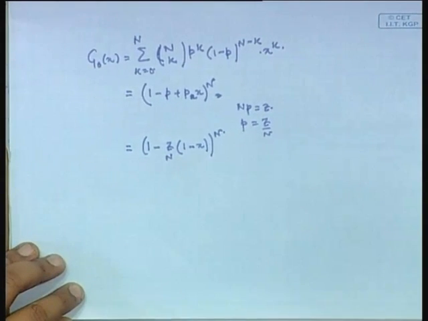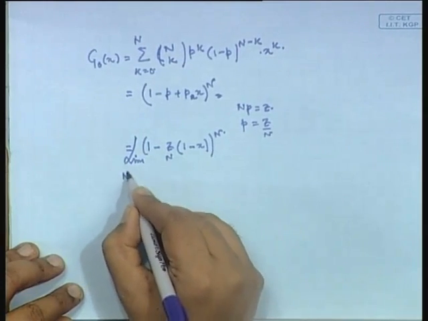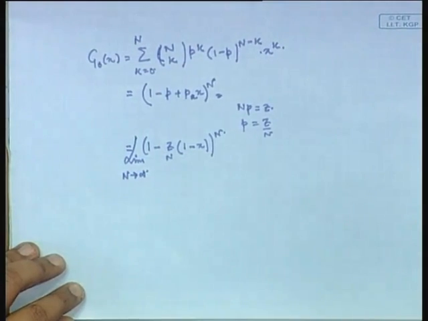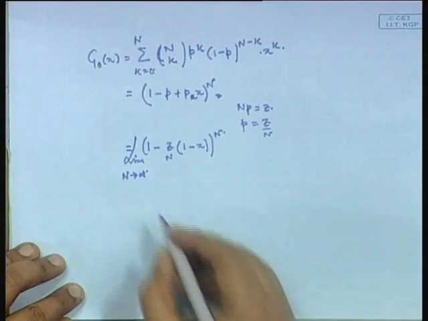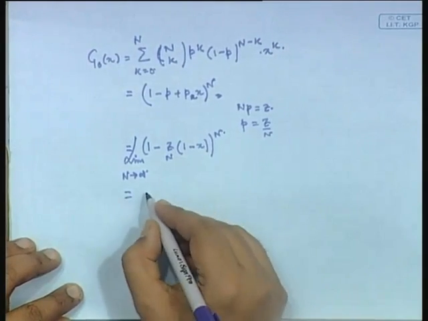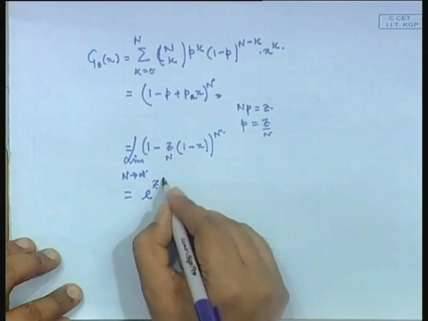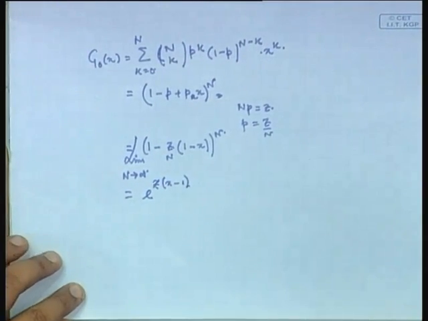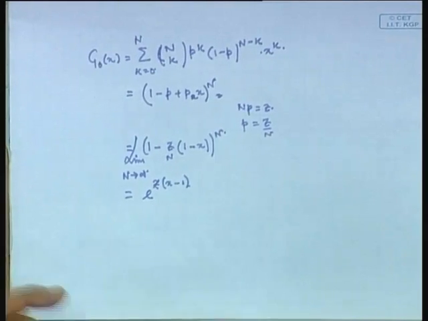And limit n tends to infinity becomes what? Akshit, what does it become? It will become e to the power z x minus 1. The same thing we did, that from Poisson you can.